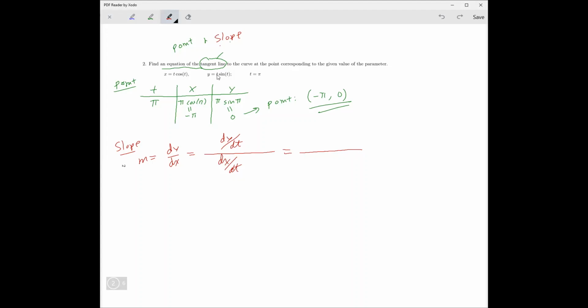So it's the derivative of t, which is 1, times sine t, plus t times the derivative of sine t, which is cosine t. Okay, so that is dy dt. dx dt is the derivative of t, which is 1, times cosine t, plus t times the derivative of cosine, which is negative sine t.